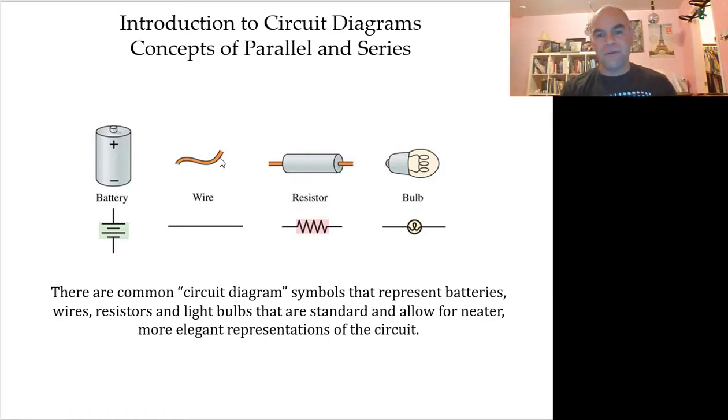A wire, which is used to connect a battery to other things, is typically represented by just straight lines. A resistor, which we've been talking about, is represented by a straight line, then zigzags, and then another straight line after. We'll be using resistors in lab and talking about them. And then, of course, a light bulb is something else you'll see in circuit diagrams.